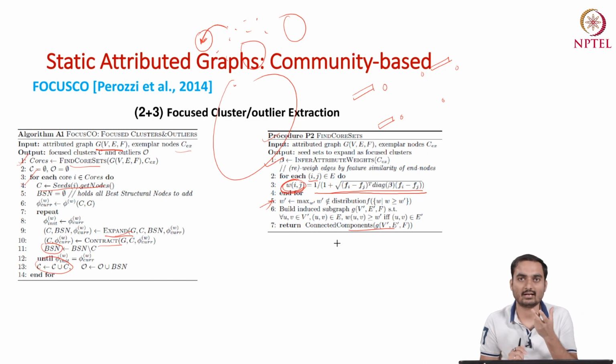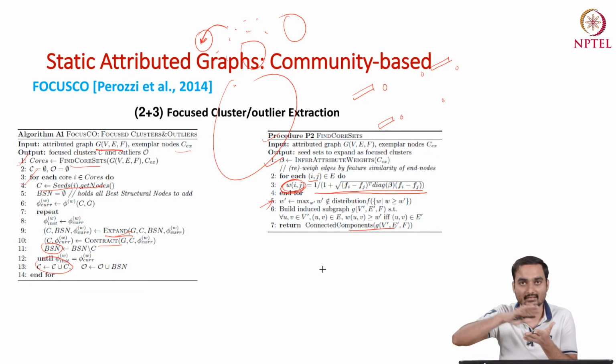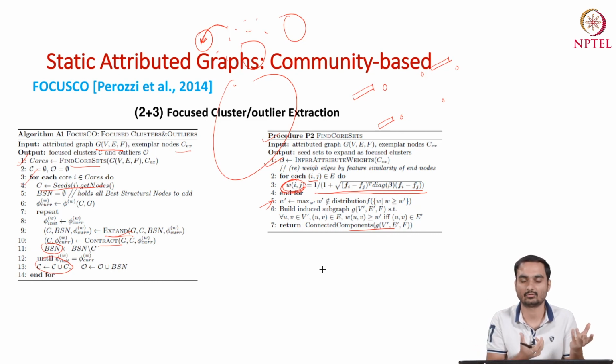So, we start off with a set of exemplar nodes. We identify the importance of attributes. We then create another graph, meaning we compute the weights of edges. Then we identify components, and those components are cores.